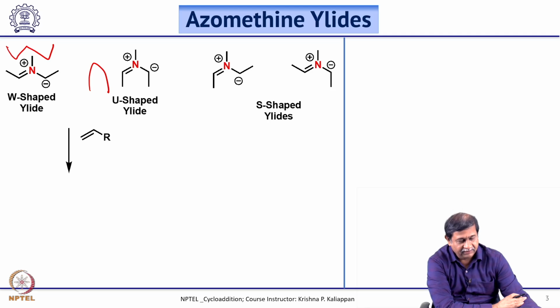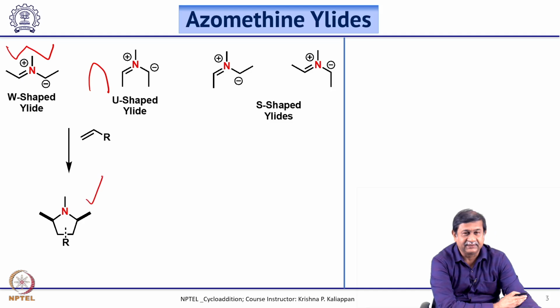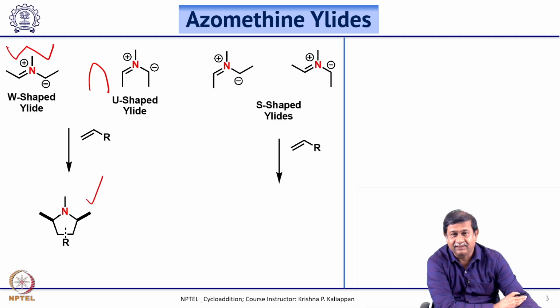And depending on which shaped ylide reacts during the 1,3-dipolar cycloaddition reaction, accordingly you will get cis isomer or trans isomer.